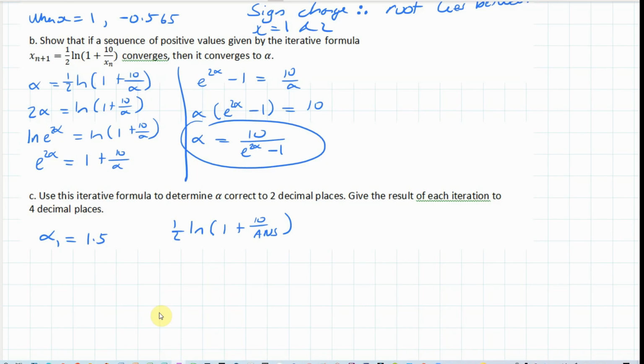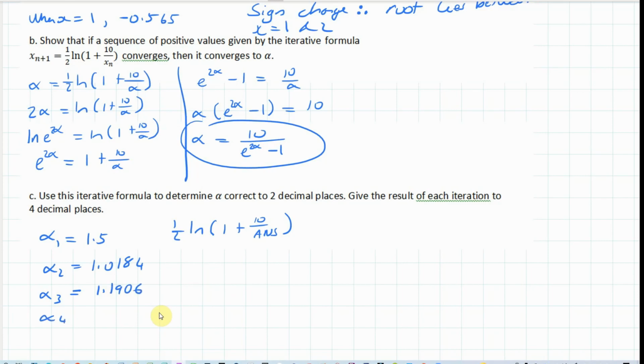Let me try that again. 3 over 2 equals, so 1 over 2 ln 1 plus 10 over answer. Okay, so alpha 2 equals 1.0, to 4 decimal places, 184.